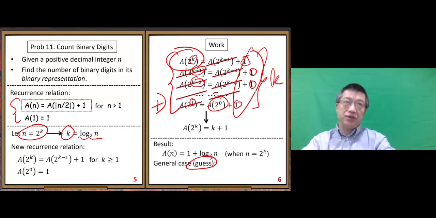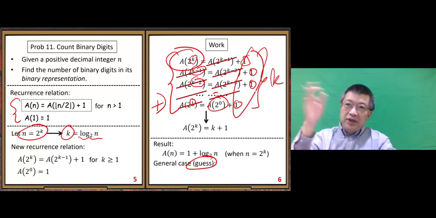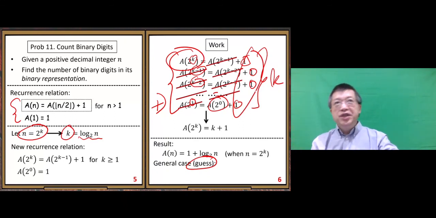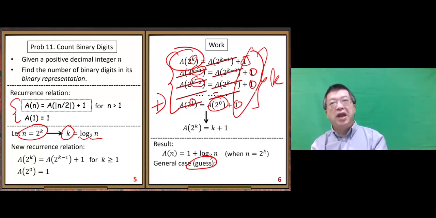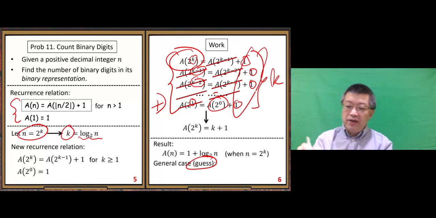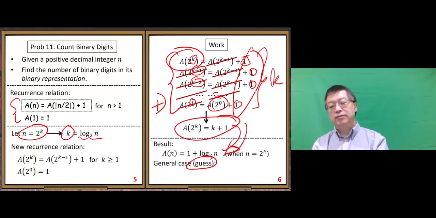Here we need to do the guessing. But when you do the guessing, you need to do a reasonable guess. You cannot do a baseless guess. You need to have some base. This is our base.